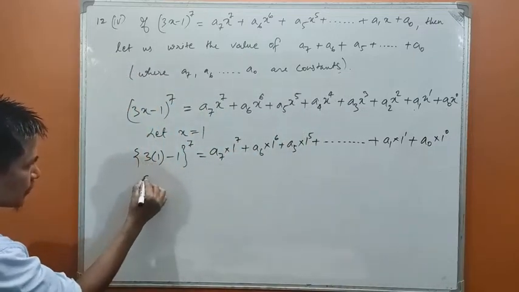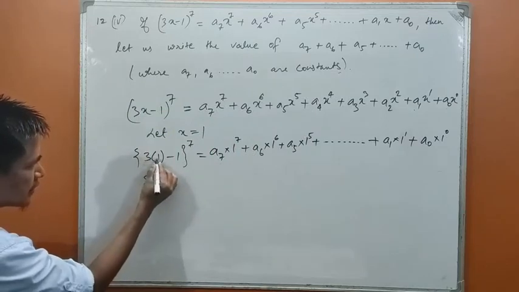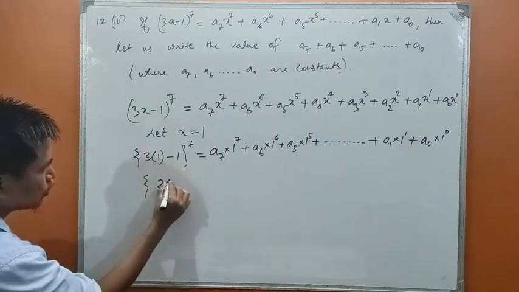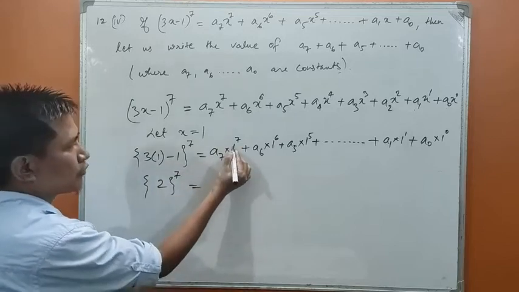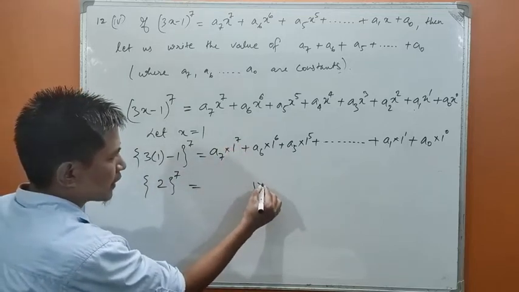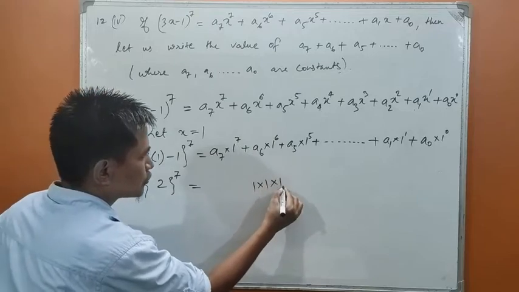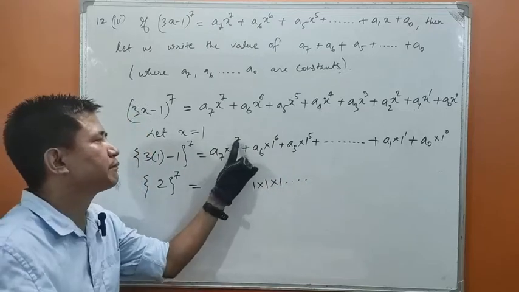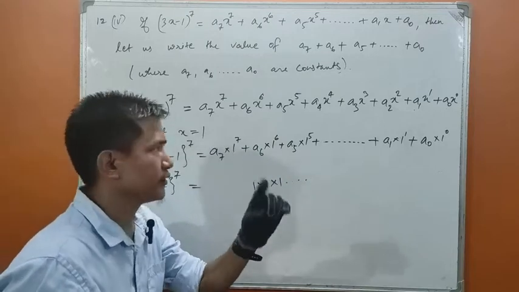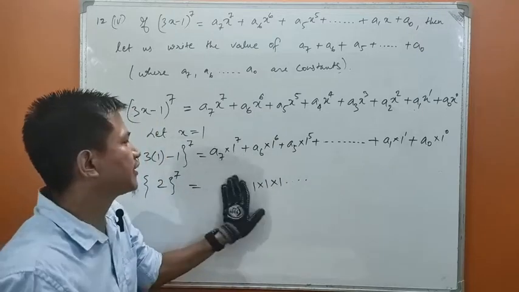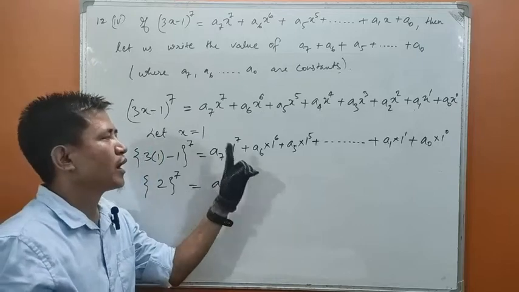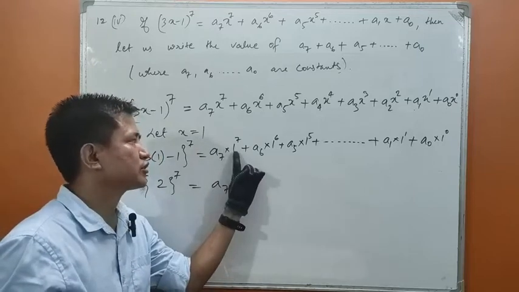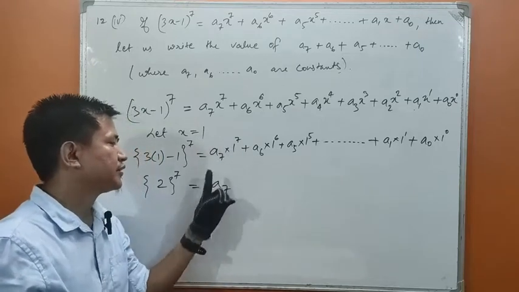3 ones are 3. 3 minus 1 is 2. So 2 to the power 7 equals 1 to the power 7, which means 1 multiplied 7 times, 1 into 1 into 1 and so on. 1 multiplied 7 times is 1, isn't it? That 1 into a7 is a7.